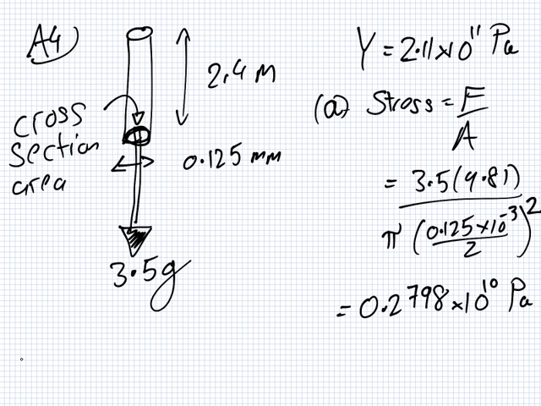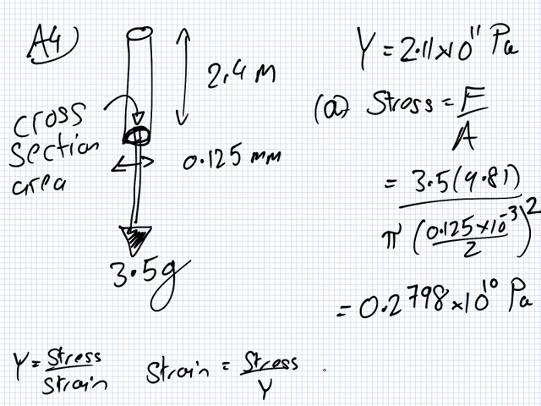And then we can use our formula. Young's modulus is stress over strain. So then strain is stress over Young's modulus. So our answer here, we divide this by Young's modulus, and we get 0.01326.